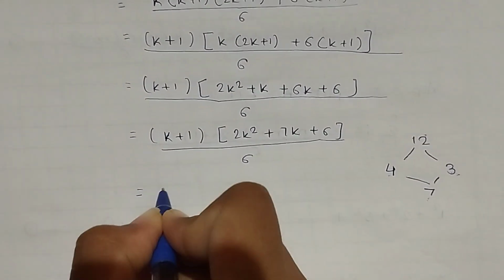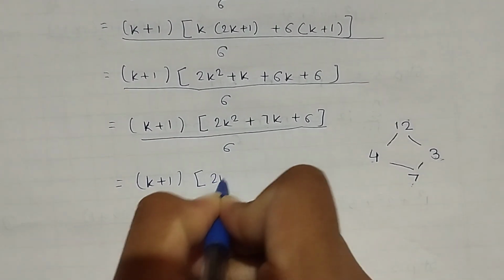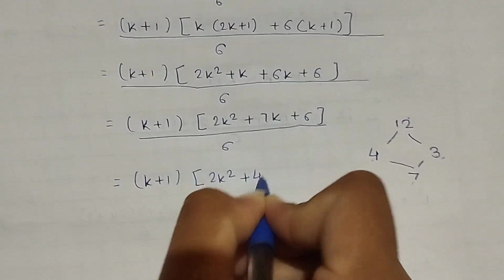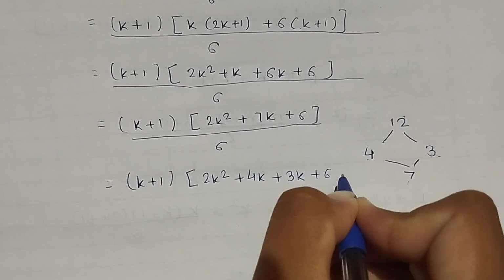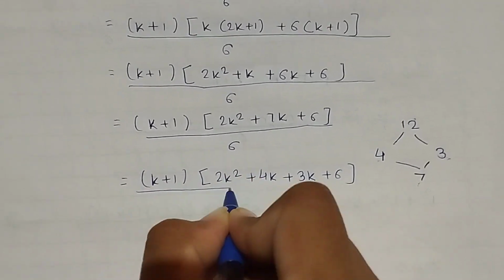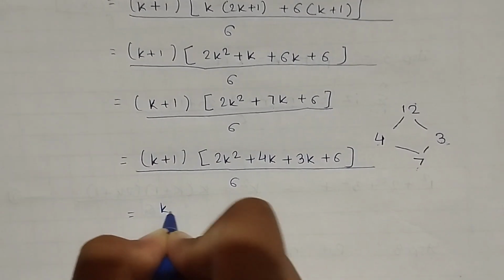So we write k plus 1 into 2k square plus 4k plus 3k plus 6, divided by 6.